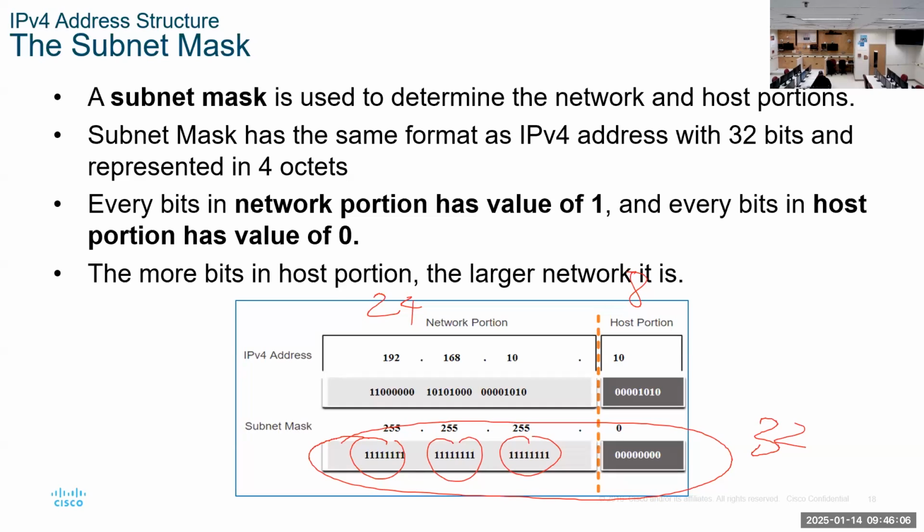If I have 8 bits of number 1, I convert it, I have 255. So 255, 255, 255 and 0. That's why when I see the subnet mask 255.255.255.0, I know for sure I have 24 bits in the network portion, and 8 bits in the host portion.